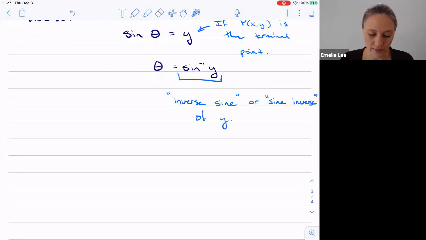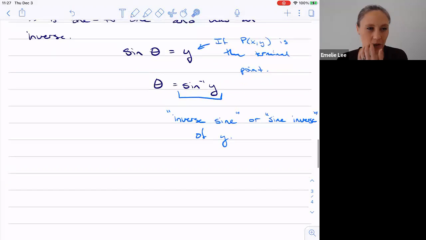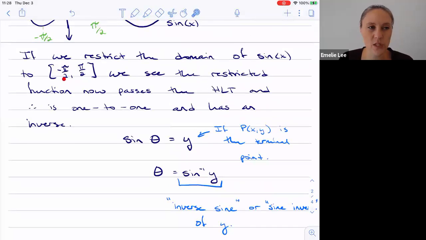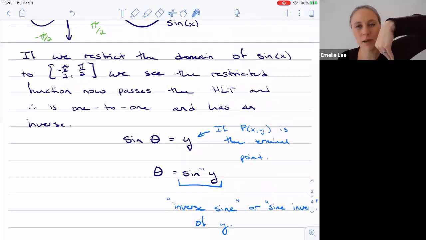So the angle is the inverse sine of the y from the terminal point. It's important that we remember that we're restricting the domain, the input for the angles, to negative pi over 2 to pi over 2.